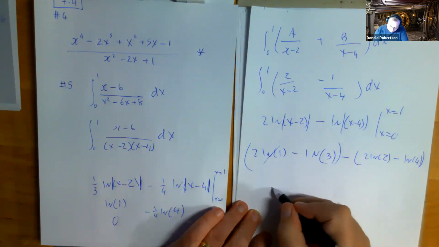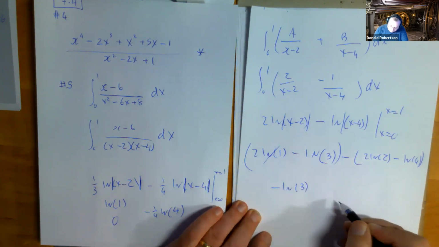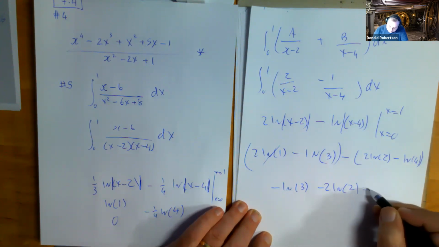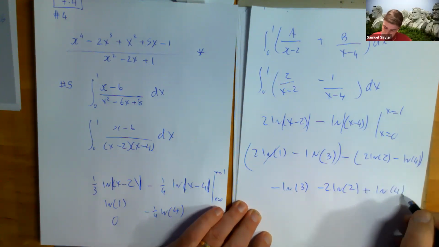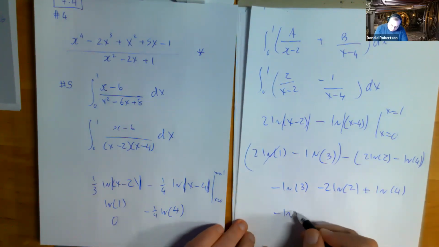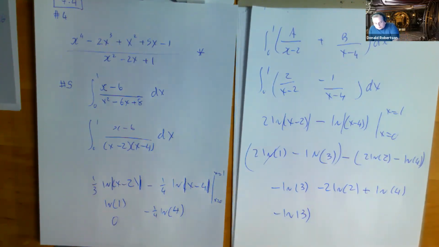That's 0. So negative log of 3, take away 2 logs of 2, add a log of 4. That ends up being, as far as I can tell, that. Because that guy and that guy are the same. They cancel out.